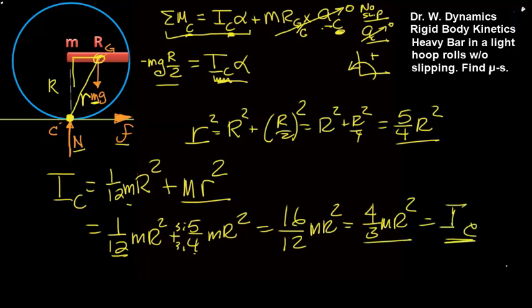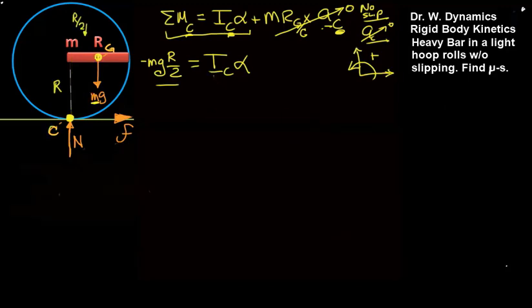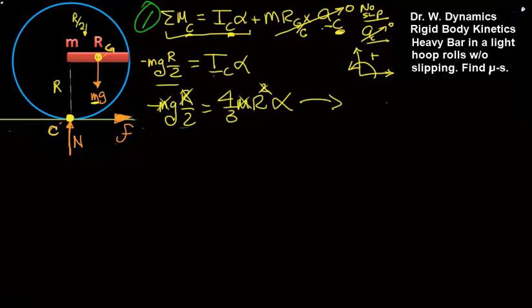So with that, we have the I about point C, and we're able to solve this thing for alpha. So we'll get negative mg r on 2 is 4/3 mr squared alpha. The m's go, and one of the r's goes, which will give us directly that alpha is negative 3g on 8r.